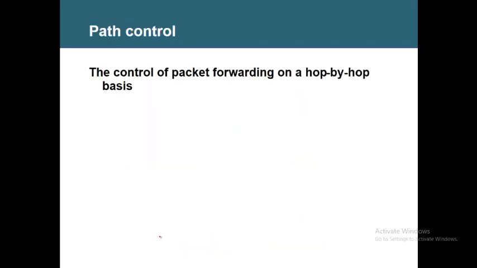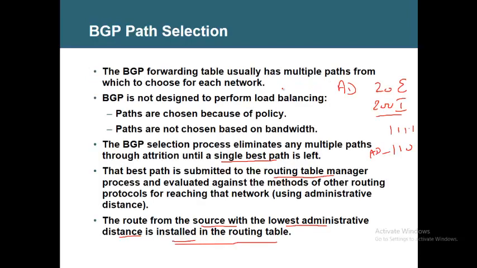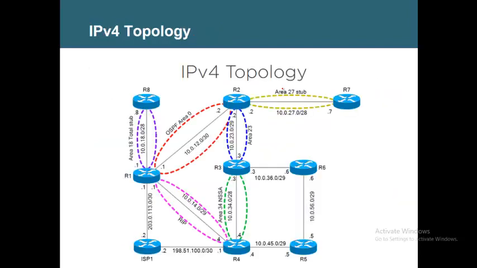So the path control is again hop by hop. Every hop, the decision is made, and one single path will be decided every hop. One hop is one autonomous system. That is very important.